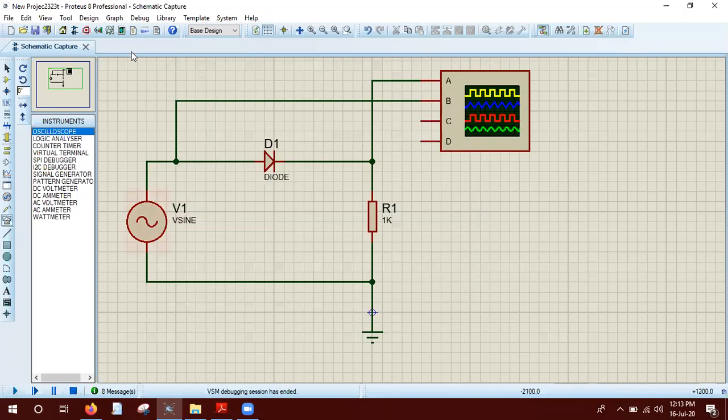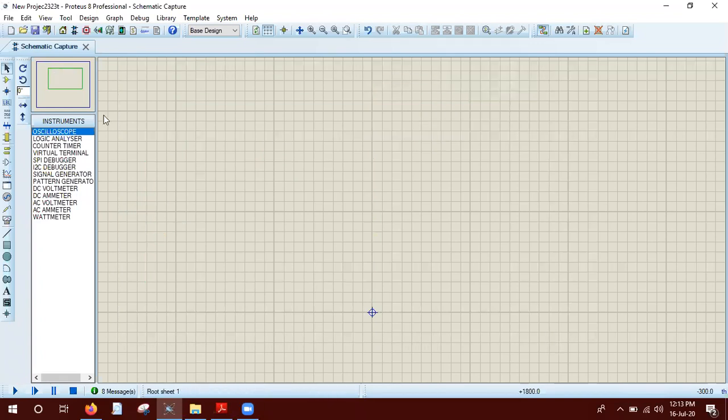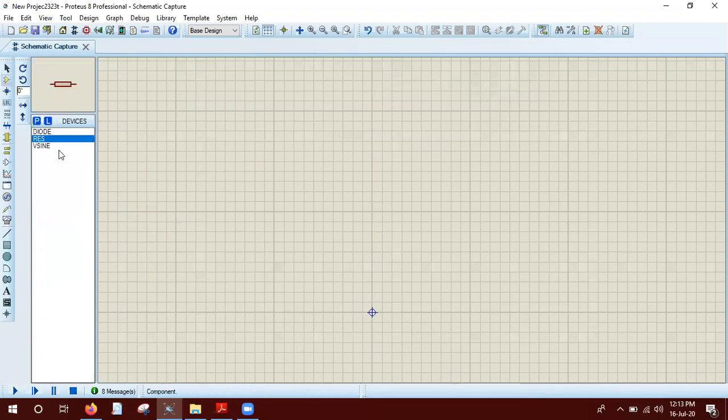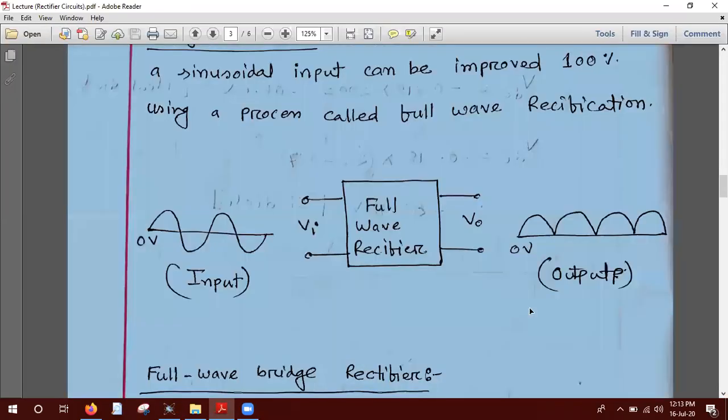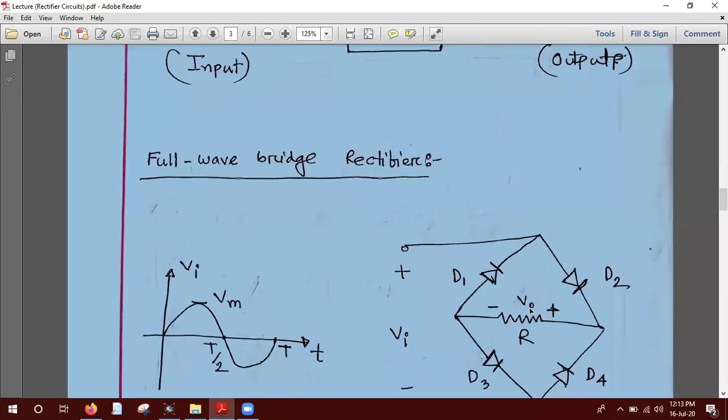Okay. Let me first remove everything for the full wave rectifier and build from the very beginning. For a full wave rectifier, if you remember, if we go to the circuit, you see that there are 4 diodes.